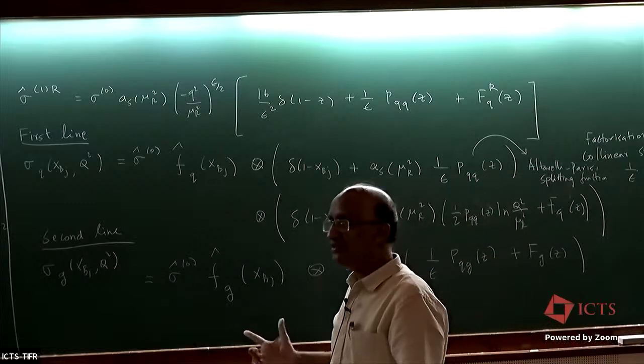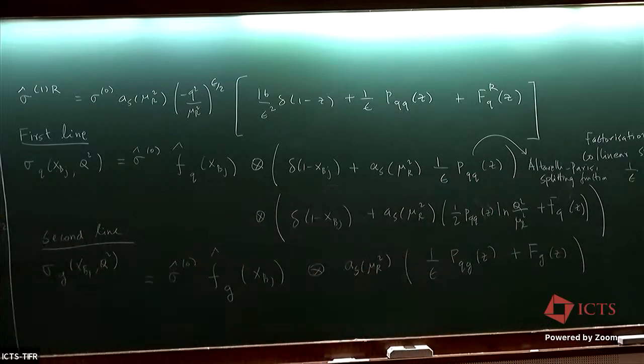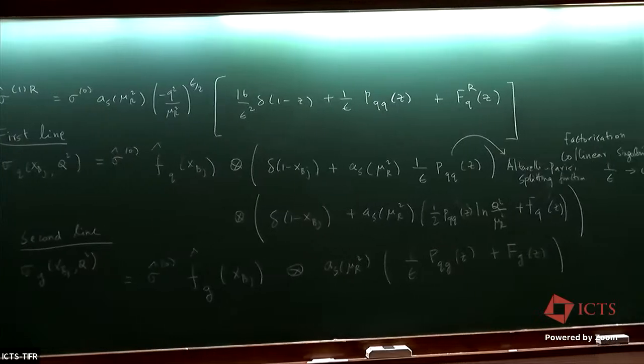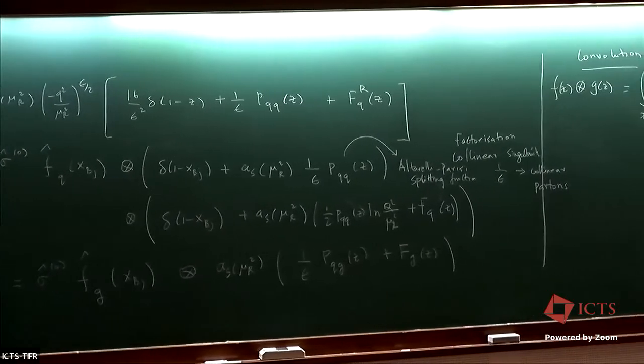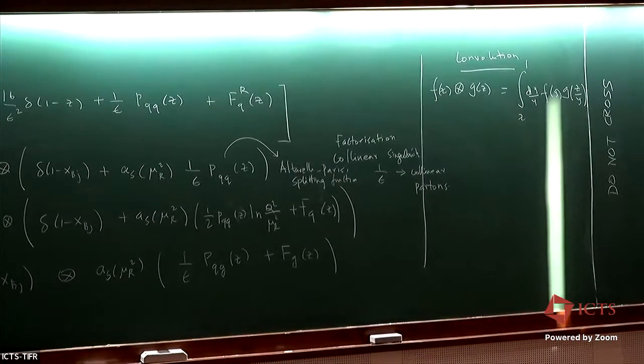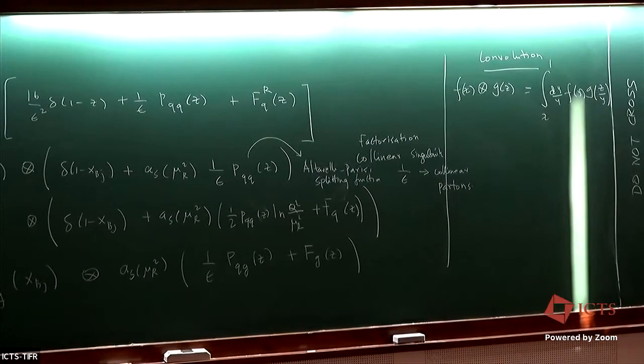Now this is the answer. I did nothing except putting in all the Feynman rules, doing some integrations, and writing it in a form that looks reasonably good. But unfortunately, if I take this formula as it is, it's not going to give me anything interesting.